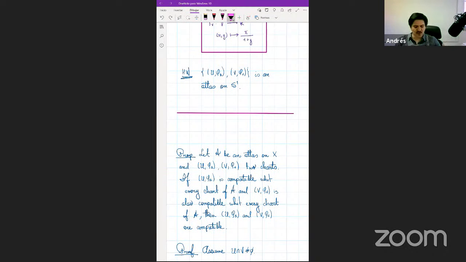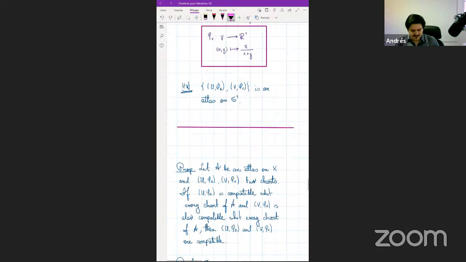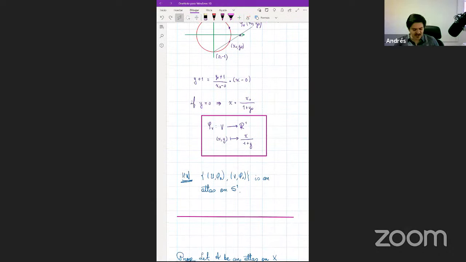But we need to do a little bit of theory because, for instance, here I have two atlases on the circle. So we need to understand what's happening if I put more charts on my atlas, right?